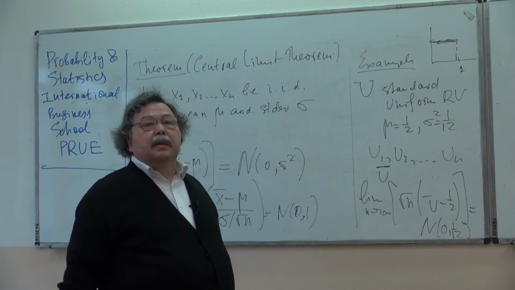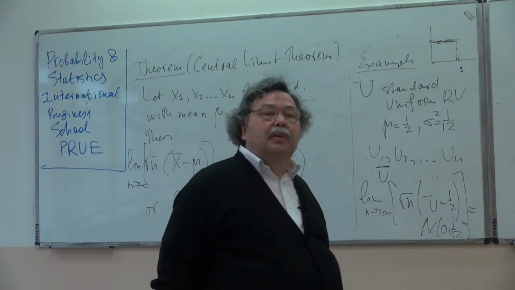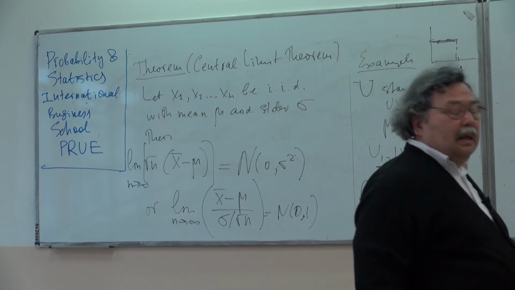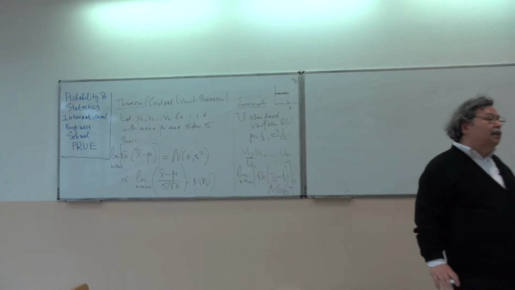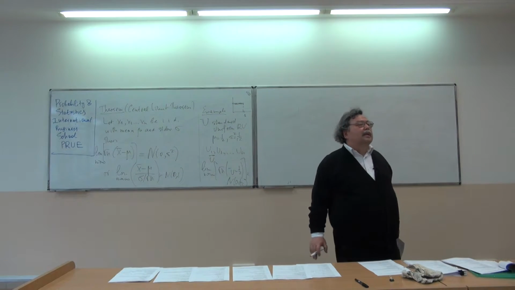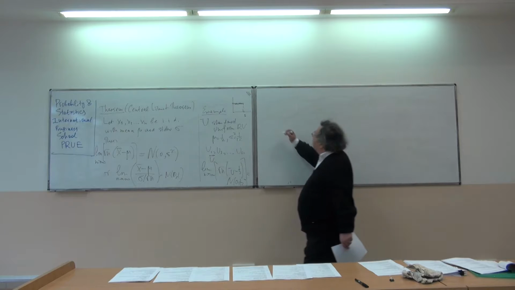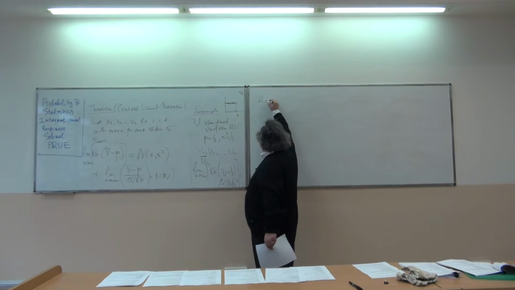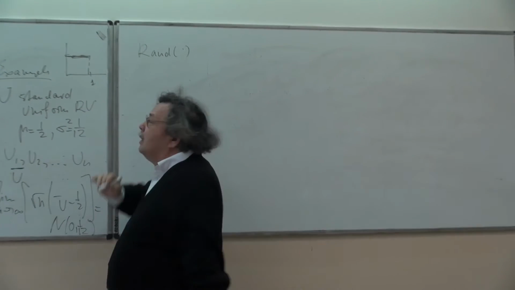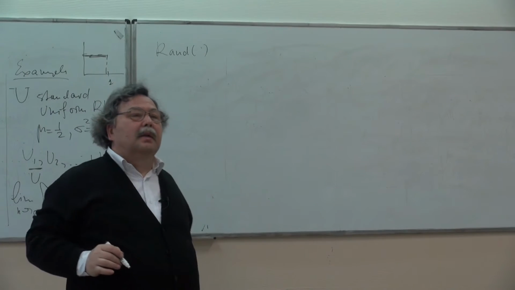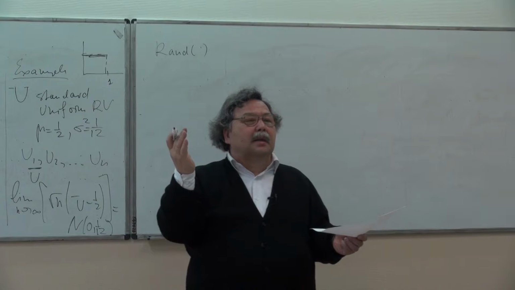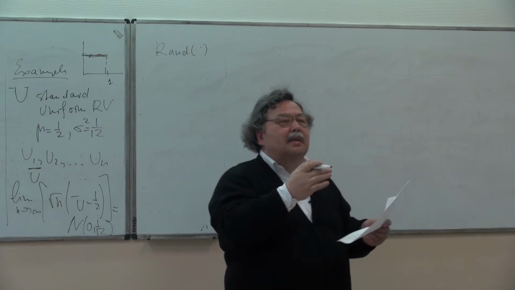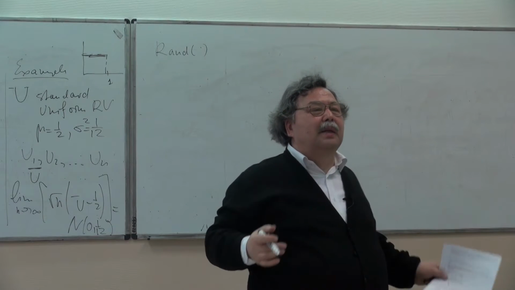Well, by the way, you can perform an experiment and see how it works. You can use Excel, and Excel contains this built-in function, RAND, and a pair of parentheses that do not contain anything, okay?